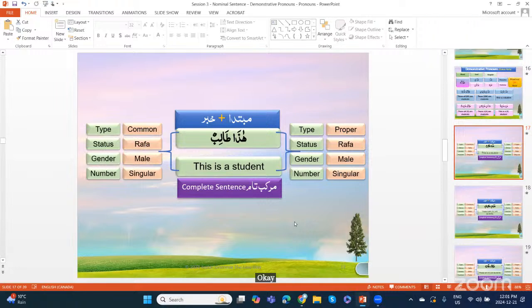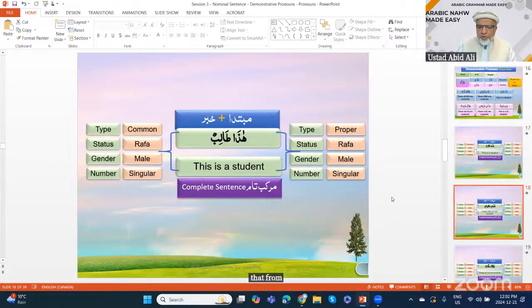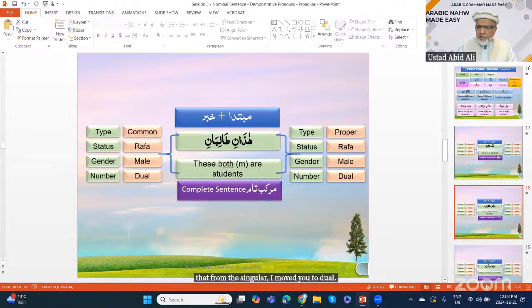So the combination is on the four properties. The mubtada is supposed to be proper and Rafa. Khabar is supposed to be common and Rafa. And gender and number will be matching, like male will be male and singular will be singular. That's how I showed you that from the singular I moved you to dual. The dual of Haza is Hadani.